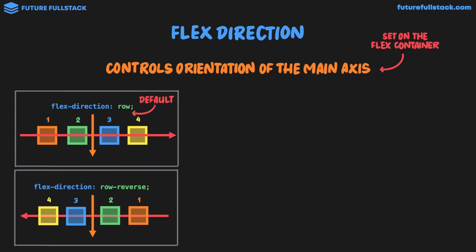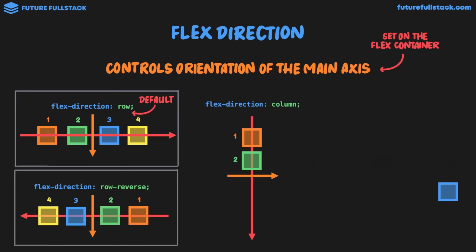The next value we can have is flex-direction: column. This now completely changes the orientation of the main axis. Instead of going left to right or right to left, it's now going top to bottom, which means that the cross axis is now going left to right. And our flex items would appear like this: 1, 2, 3, and 4. They're moving from top to bottom.